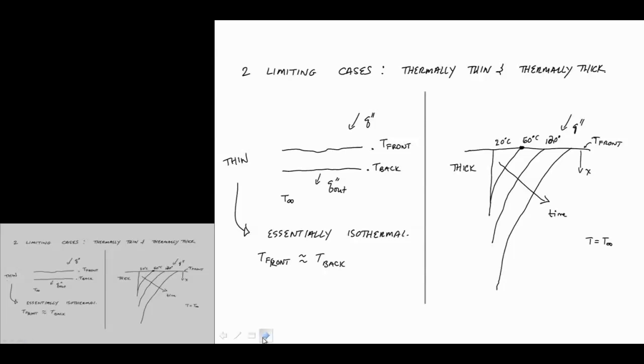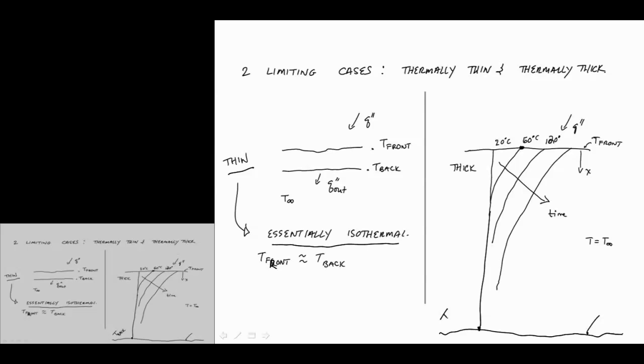So here we see the thin case where it's essentially isothermal. The front temperature is essentially the same as the back temperature. Whereas in the thick case, we may imagine that the back temperature is over here somewhere, and it's always held, it's not always held, but remains at this initial temperature.